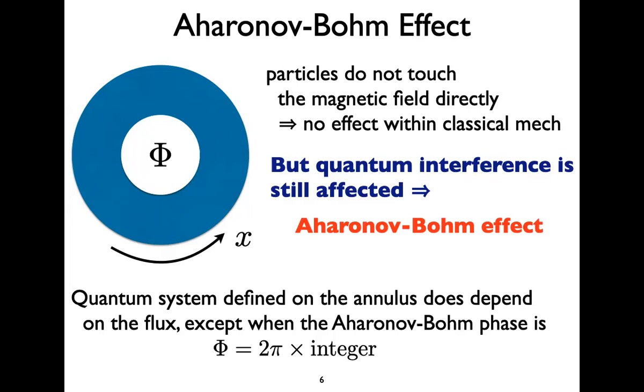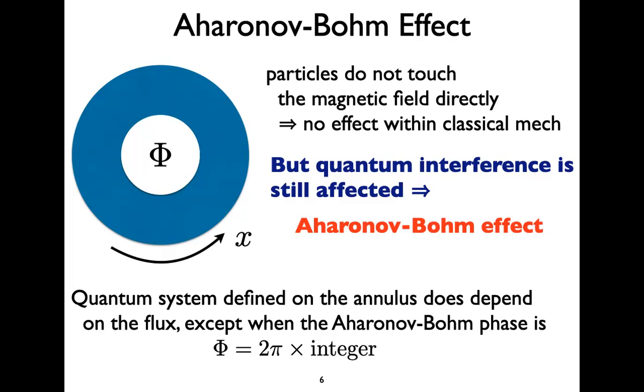Let's say electrons are moving around in this colored region. Then electrons do not touch this magnetic flux, so in classical mechanics this flux should not have any effect on the motion of electrons. But in quantum mechanics, you need to represent this magnetic flux in terms of a vector potential. Then the vector potential is non-zero even in this colored region.